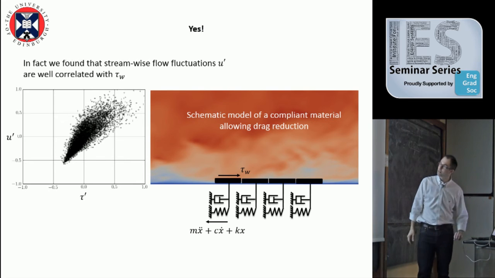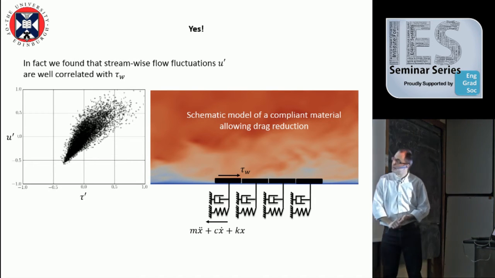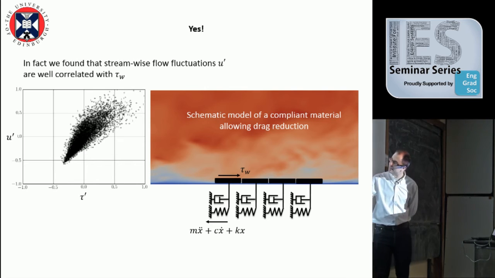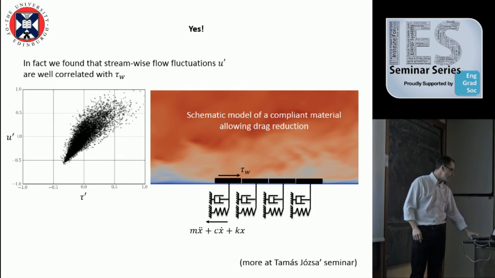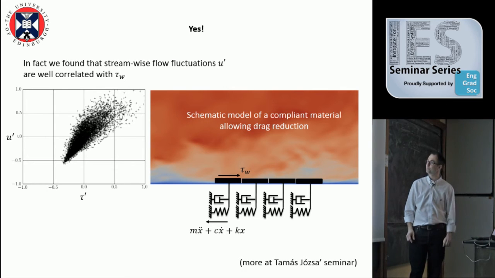So this suggests, if you perform some non-dimensional analysis, you will find out that potentially you can attach to this block a spring and a damper. And so here you have the equation of this mass, damper, and spring. And this system, if we choose the right mass, the right coefficient for the damper and the right coefficient for the spring, will perform exactly as we wanted it to do.